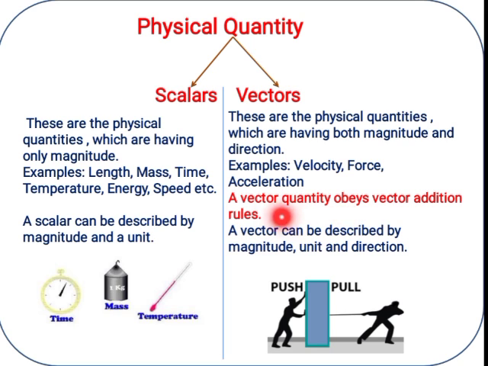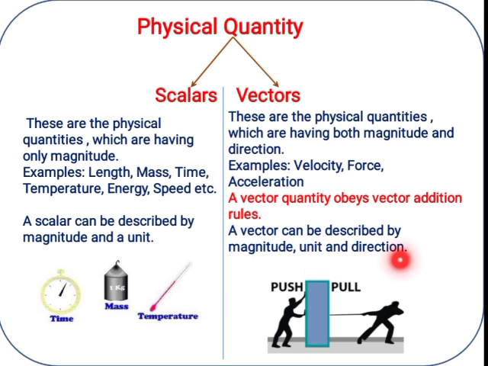If physical quantities obey vector addition rules, then we say that such physical quantities are vectors. Along with the magnitude, we have to remember these 2 points also, direction and vector addition rules. A vector can be described by magnitude, unit and direction.